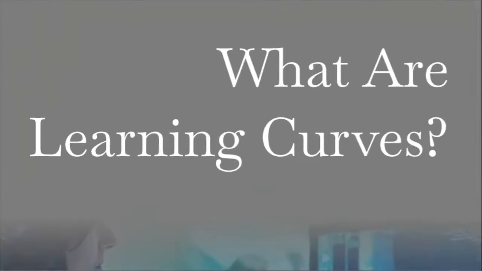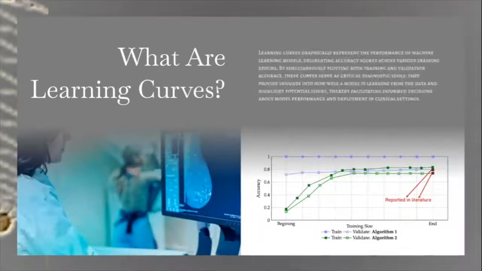Let's start by defining learning curves. Learning curves plot training and validation accuracy over time. They're diagnostic tools that show whether your model is learning generalizable patterns or just memorizing data. This distinction is fundamental for safe clinical deployment.